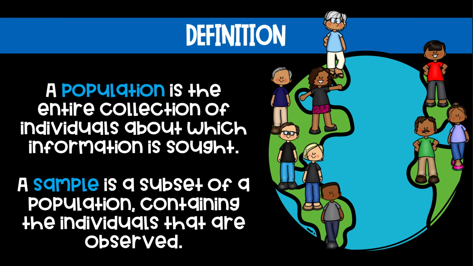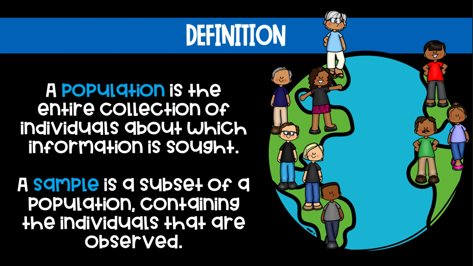So if you're talking about the teachers all over the world, a smaller number of teachers than the ones around the world is considered a sample. If you're talking about the teachers in a high school, a sample could be one teacher of each subject, one from math, one from science, one from Spanish, and so on. You determine which one's your population and you determine how to collect your sample.